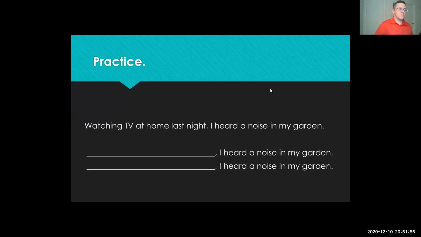Let's look at a couple of other examples just so we can get this idea. So let's practice. We have a sentence with an adverbial phrase. "Watching TV at home last night, I heard a noise in my garden." There are two other ways that I can express this same idea.